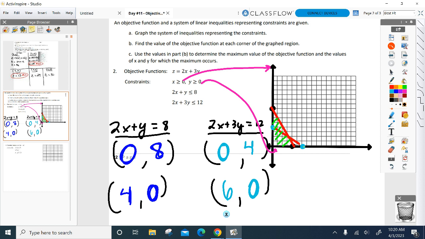And how about 0, 0? Would it work on this one? Yep, above or below.